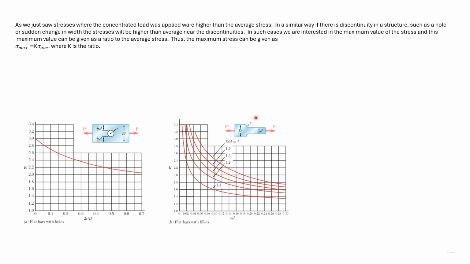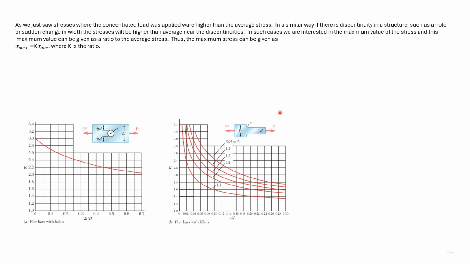This is a case where the width of the plate changes. The stress concentration factor depends upon two geometric ratios: big D by small d, and the radius of the fillet divided by small d, that is r by d.